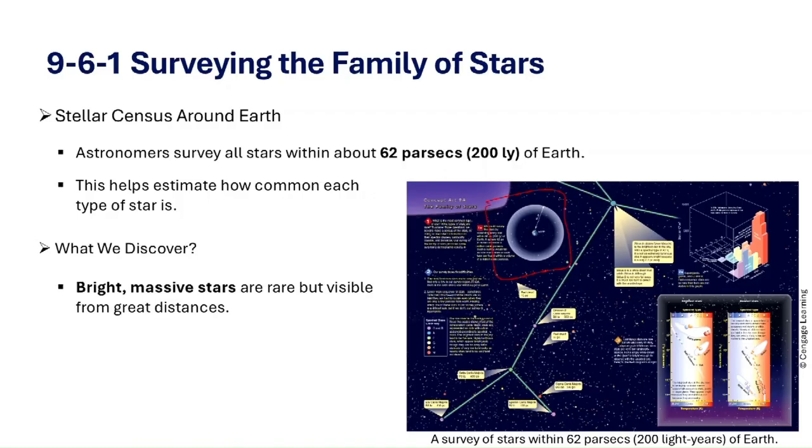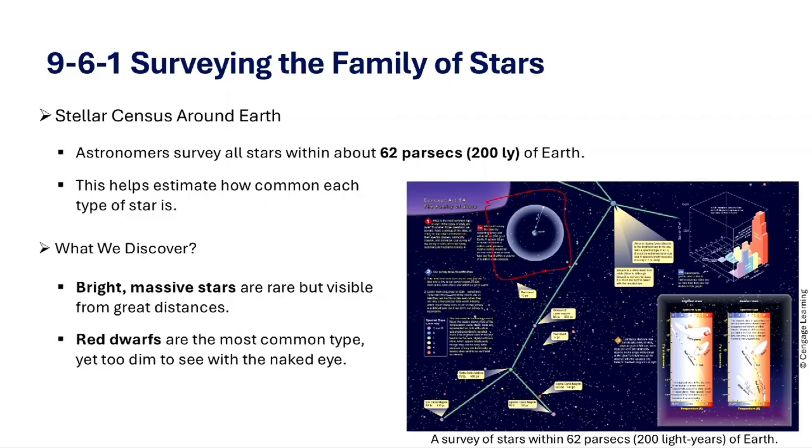And once all those stars are counted and categorized, the results are actually surprising. The bright, massive stars that dominate the night sky, like Sirius or Vega, are extremely rare. And they look prominent only because they shine so brightly that we can see them from great distances.